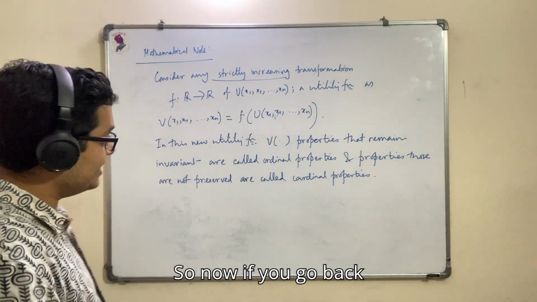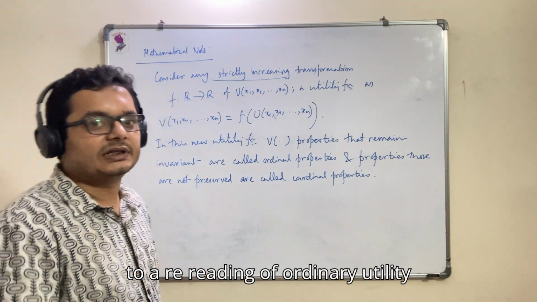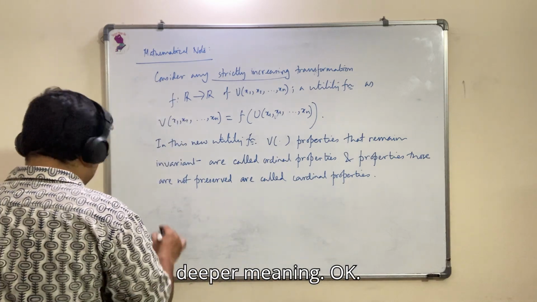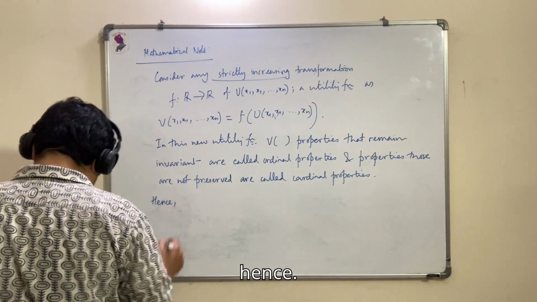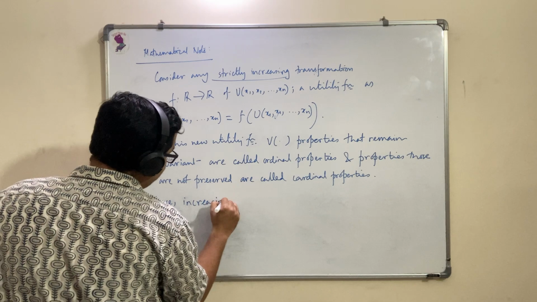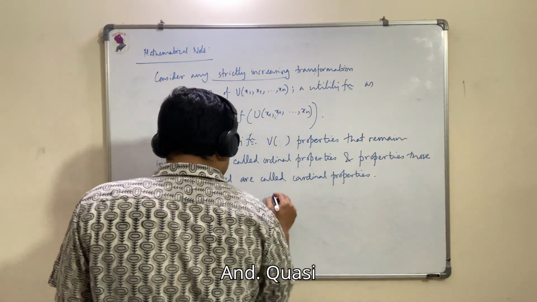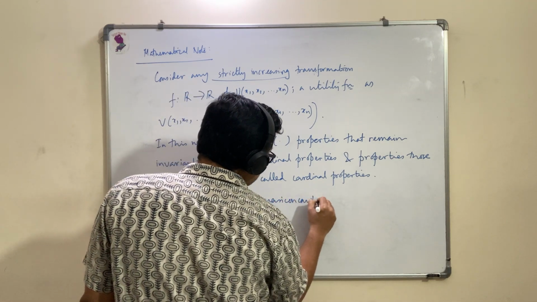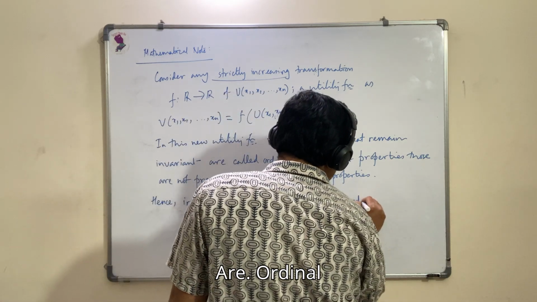So now if you go back to a rereading of ordinal utility theory, you will understand it in a much deeper meaning. Okay. So from that what we can write is that hence increasingness and quasi-concavity are ordinal properties.